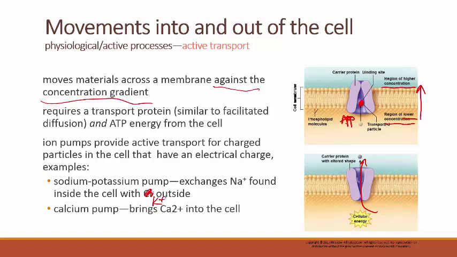So it exchanges the sodium that's found inside a cell with potassium that's found outside a cell. So for every ATP you give it, you can move 3 sodiums out and 2 potassiums into a cell. And then there's the calcium pump that brings calcium ions into a cell. So these are all different kinds of ion pumps that perform active transport.